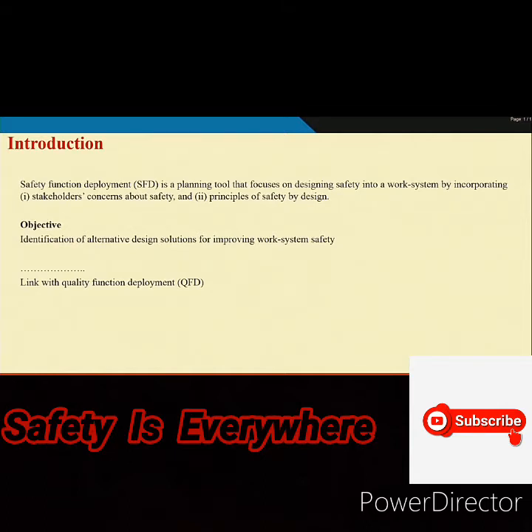So, what is safety function deployment? Safety function deployment is a planning tool. It is a planning tool that focuses on designing safety into a system by incorporating stakeholder concerns about safety and principles of safety by design. Okay.